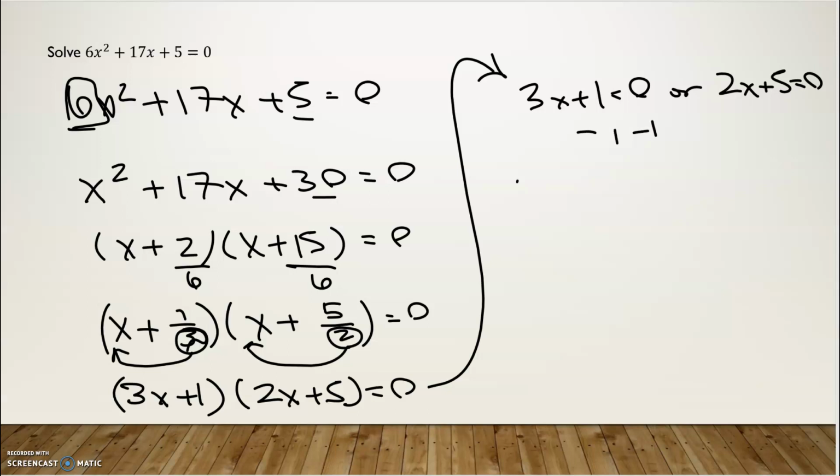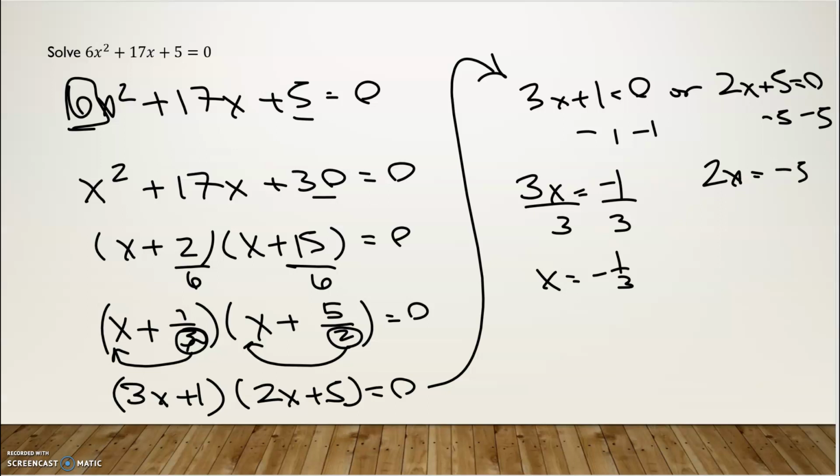So subtract 1, so we have 3x is equal to -1, divide by 3. So x is equal to -1/3. And subtract 5 from both sides, so we have 2x equal to -5. So x is equal to, divide both of these by 2.